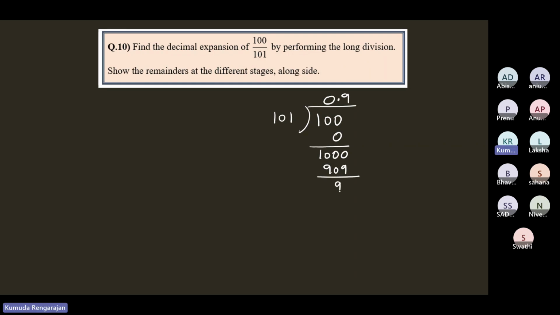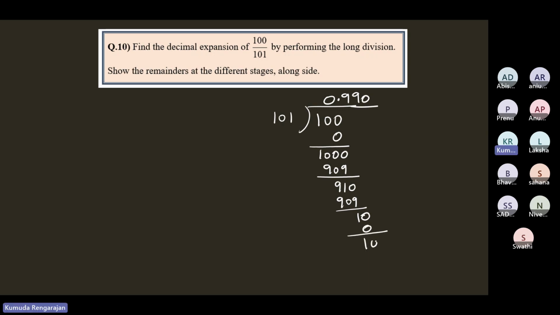Remainder 91. Add a 0. 9s are 909. Remainder 1. You can freely add one 0 in every step. Now 101 and how many times is 10? Zeros, 101 into 0 is 0.